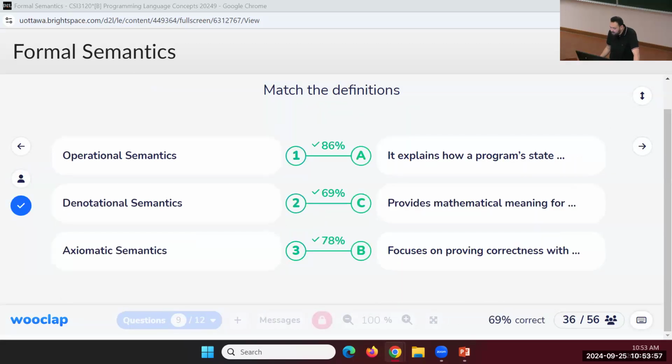Of course, operational is step by step, denotational always functions. That's how I want you to link these. And then axiomatic is pre-post conditions.